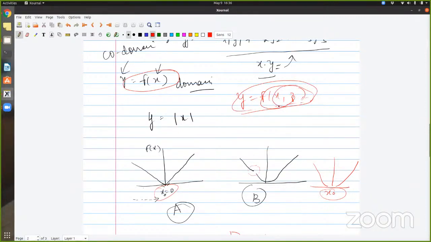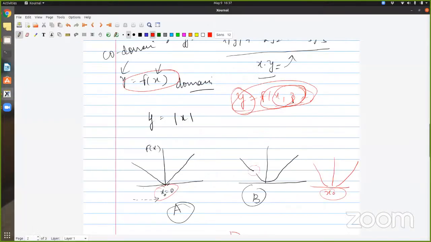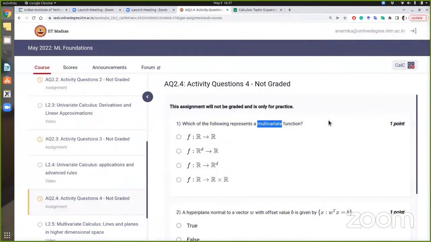These variables will be sort of the domain, and this will be the codomain. So R^d to R. If there are two variables, it will be R^2 to R, and so on. This should be correct.